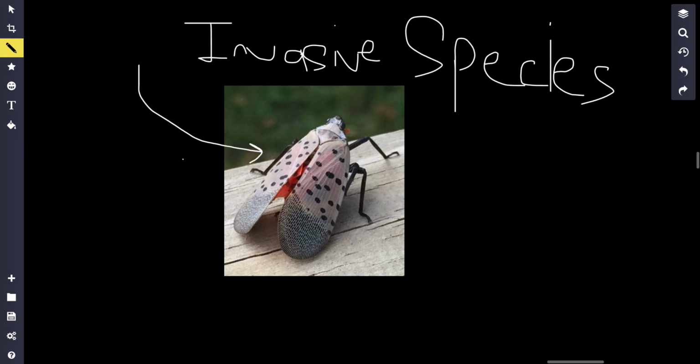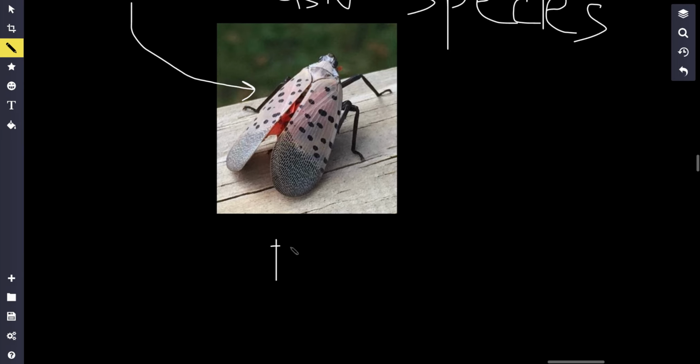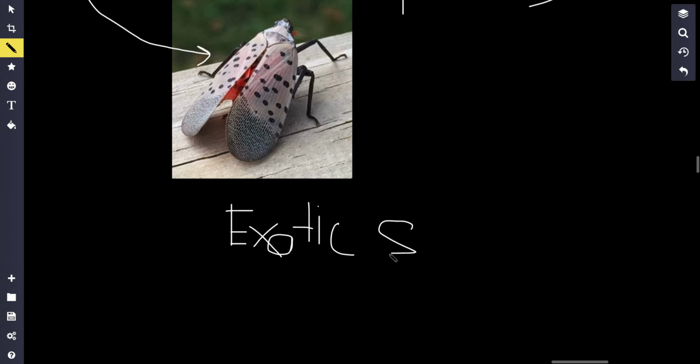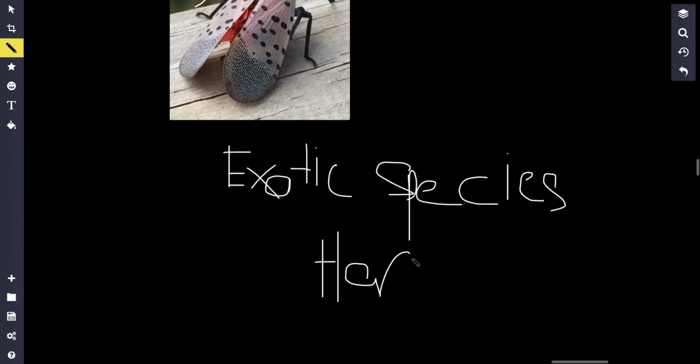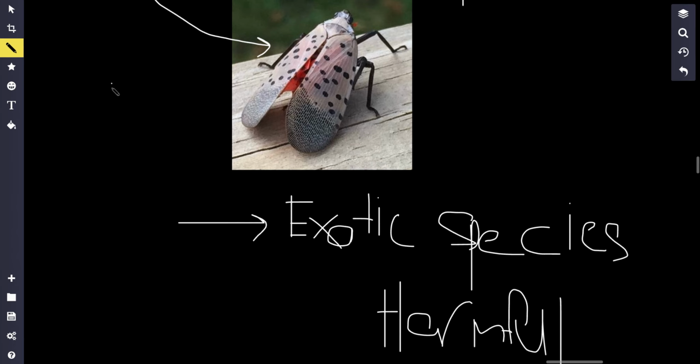But anyways, invasive species are basically exotic species that are harmful to the ecosystem. Now, an exotic species is a species that's not naturally there, right? A native species lives there naturally.